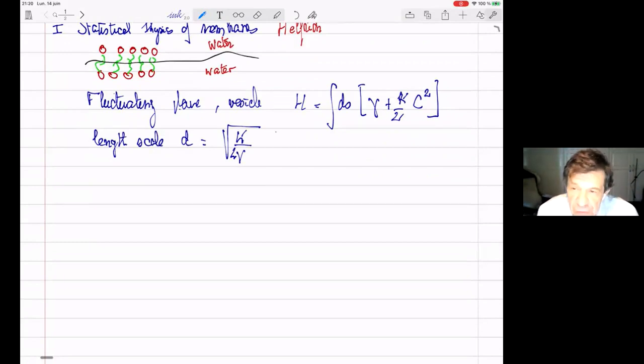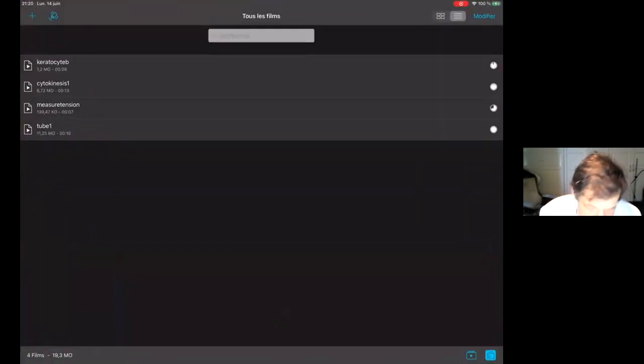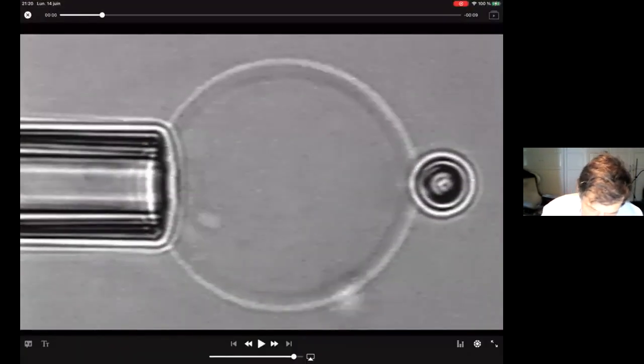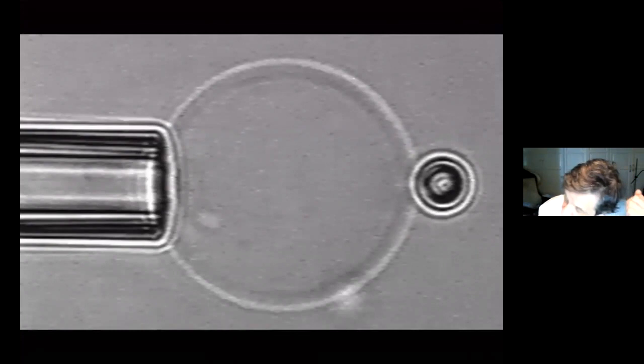What I want to do is show you what happens with a vesicle. So here is a vesicle. The size is something like 50 microns, so it's much thicker than the thickness of my membrane film. There is water inside, water outside, and it's held here by a glass micropipette.